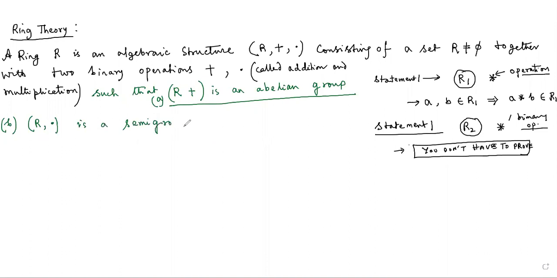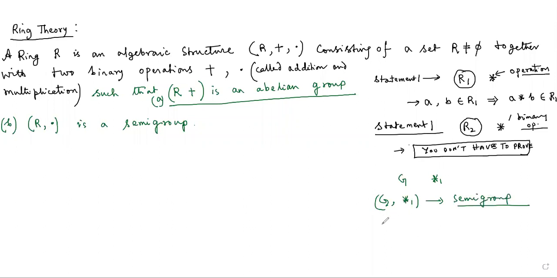What is a semigroup? A semigroup is a property where the associativity holds. Suppose we have a set capital G on which we are defining an operation star 1. Then G, star 1 is called a semigroup. I'm just reminding you of this section.